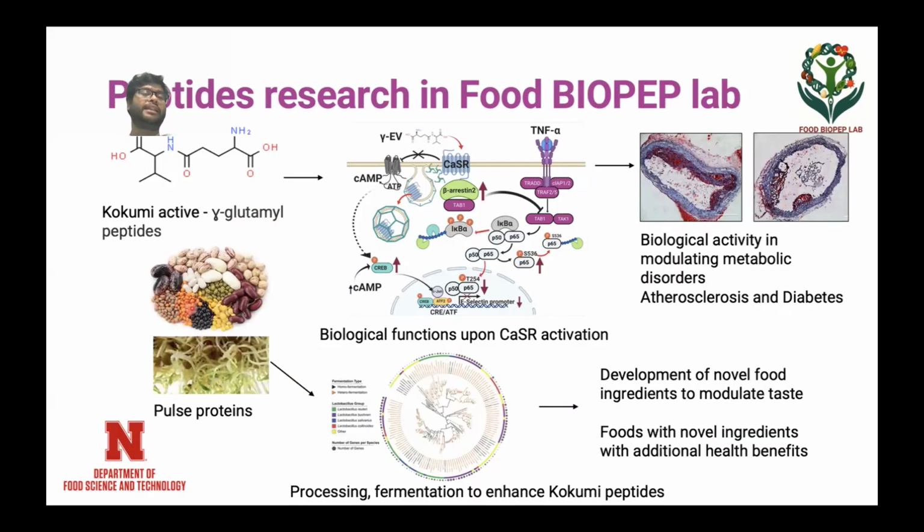And these peptides you can find in different kinds of pulses, so you can sprout the pulses, and the abundance of these peptides goes up a little bit. We are also using other processing techniques like fermentation, as with the VPP and IPP. Remember that we used fermentation for milk protein. So we are using similar fermentation techniques, but using pulse protein to produce all of these kokumi active peptides that can have biological health benefits in mice.